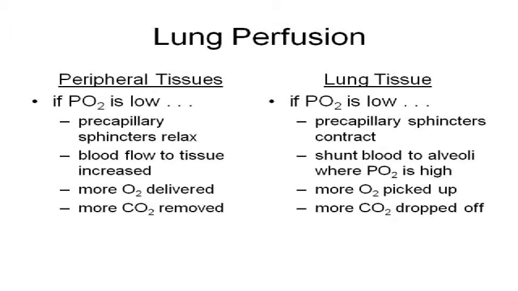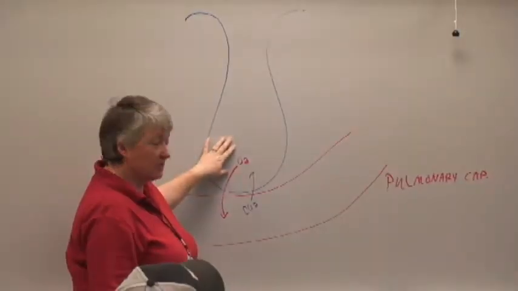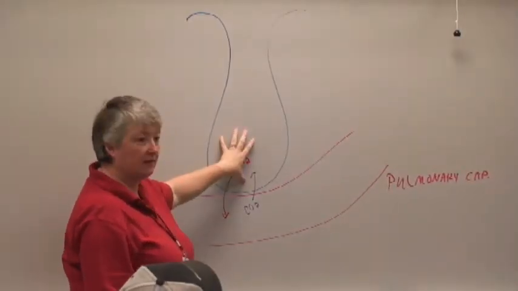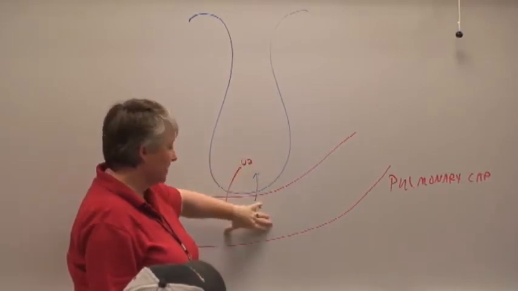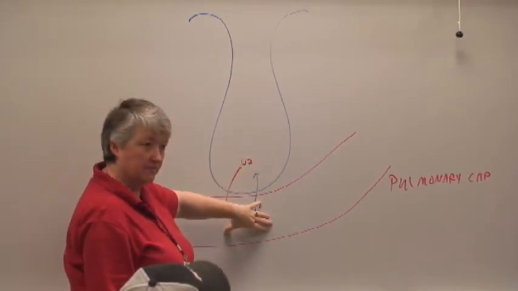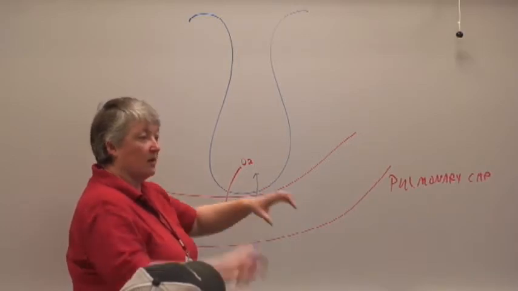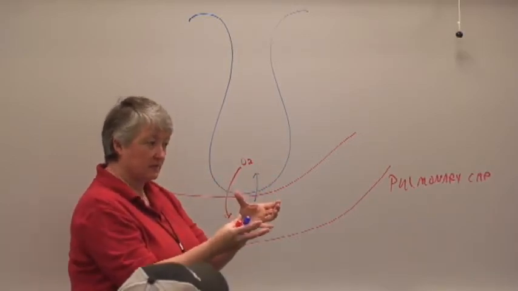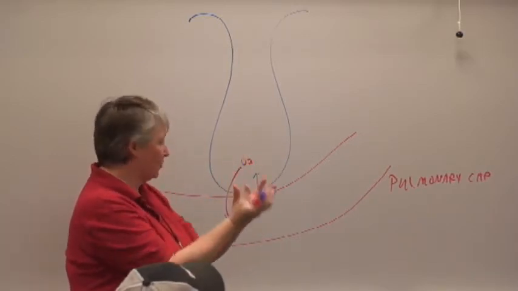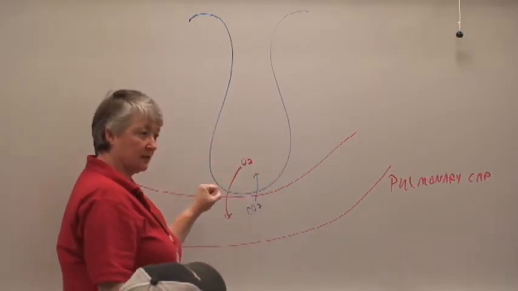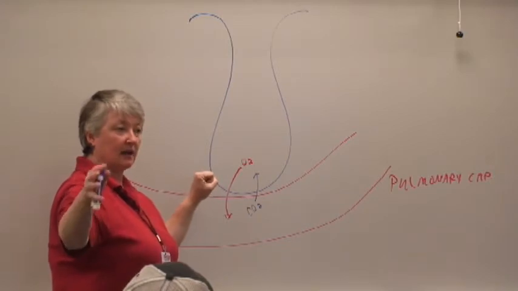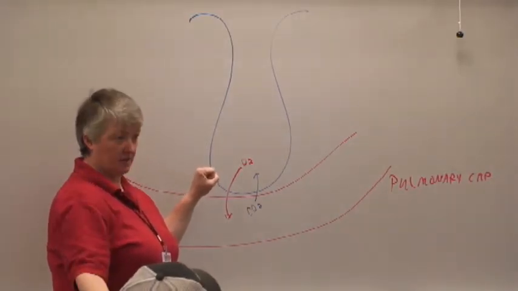In other words, if the level of oxygen is low, there's no need to send blood to that alveolus because it's going to be difficult for oxygen to diffuse into the blood. So the precapillary sphincters controlling the capillary bed around this alveolus are going to constrict. Blood will be shunted to the alveoli where there is a lot of oxygen.